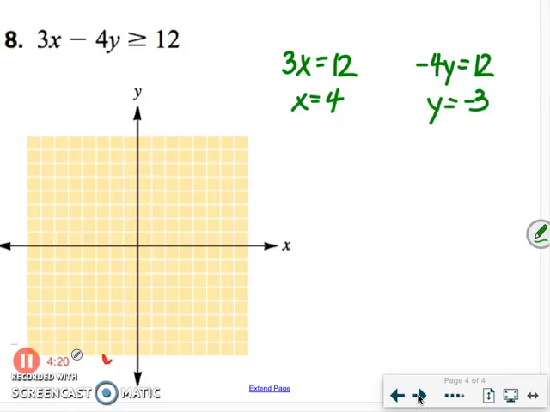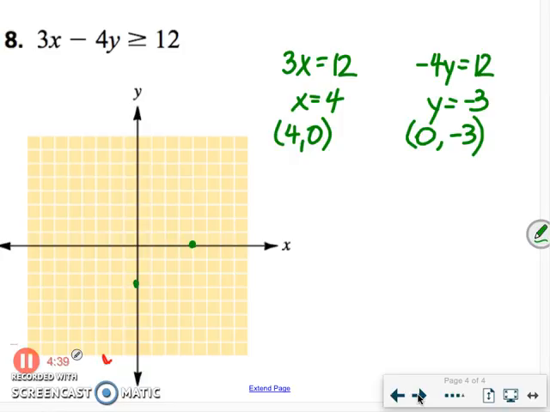And my intercepts are at positive 4 and negative 3. This one is 4 comma 0. This one is 0 comma negative 3. We have 1, 2, 3, 4 is this one. 1, 2, 3 is this one.